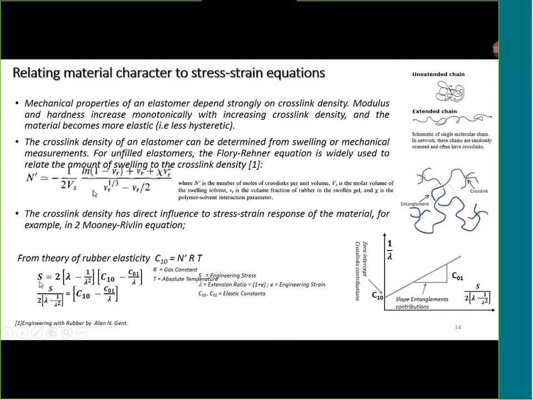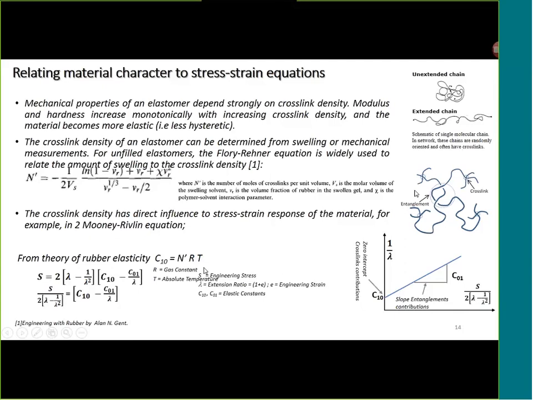Say for example, for a 2-parameter Mooney-Rivlin material model, we can write stress as a function of its strain, which is a stretch ratio. From this equation, we can understand that the first material constant for a Mooney-Rivlin corresponds to the crosslink contribution, and the second parameter, which is C01, corresponds to the entanglement contribution in the rubber network.